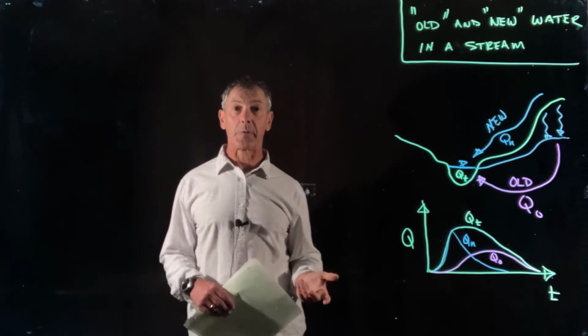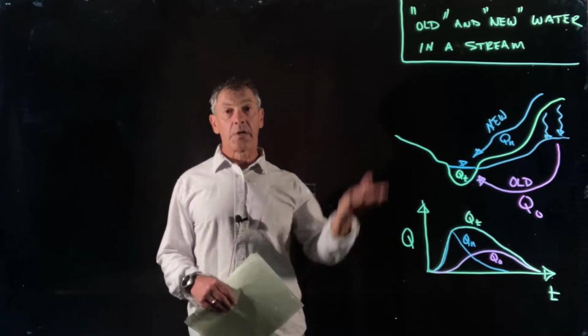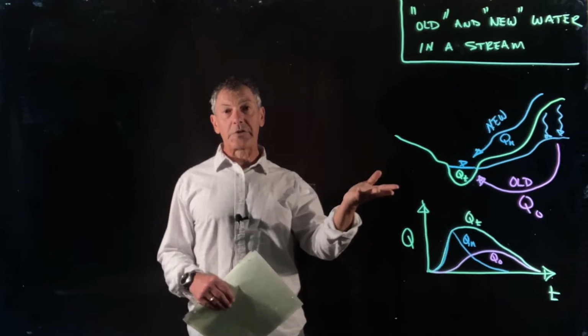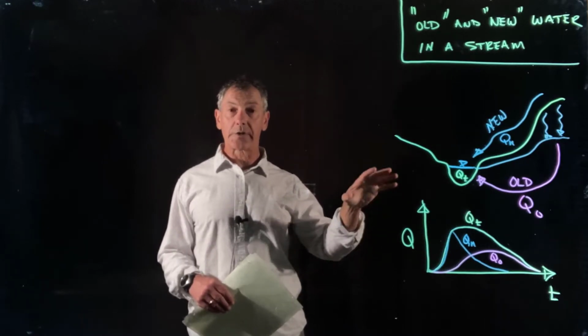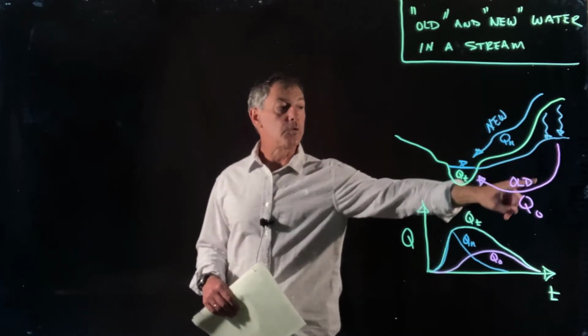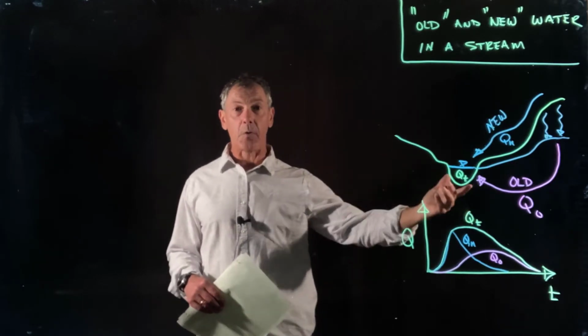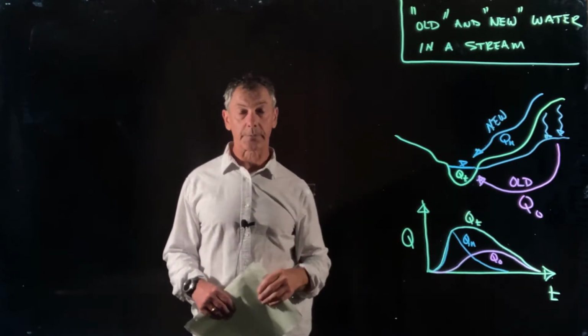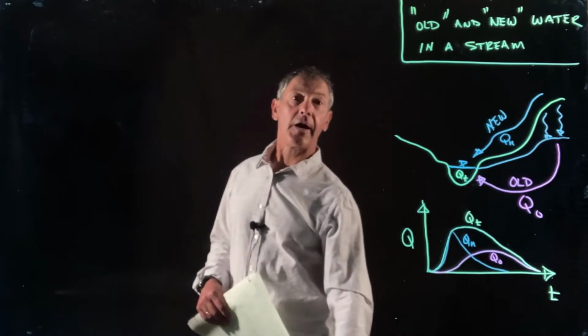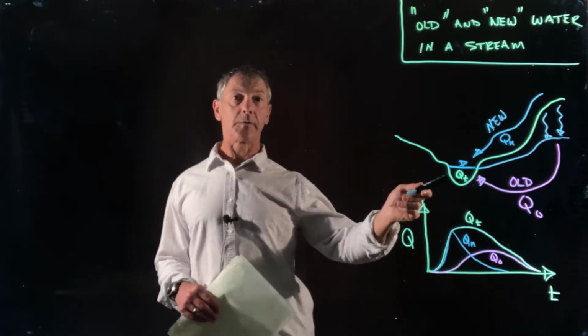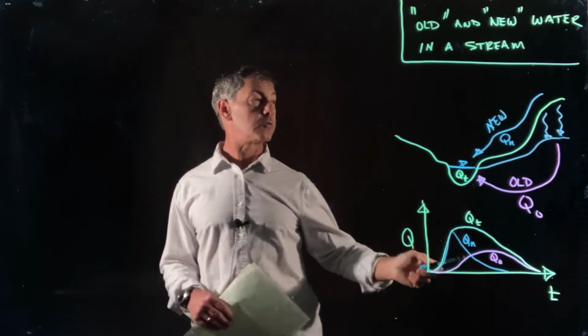Base flow, which is primarily groundwater, comes from precipitation that percolates down to the water table and then moves to the stream, and it's going to take a while, which means that water's older. So we have two components of the total flow, Qt.